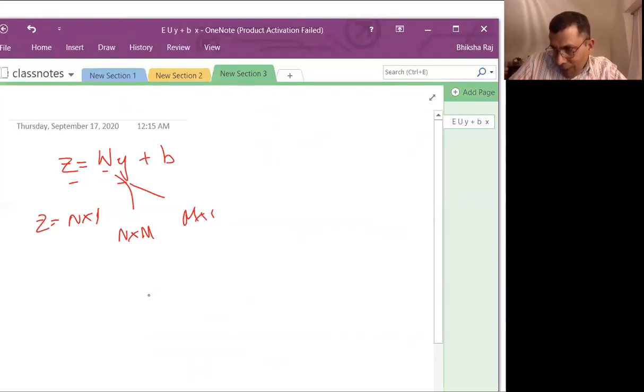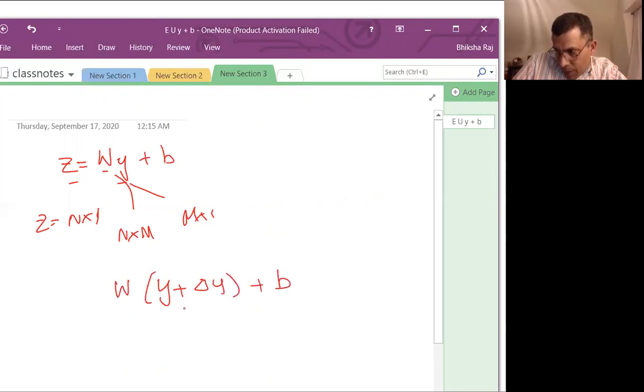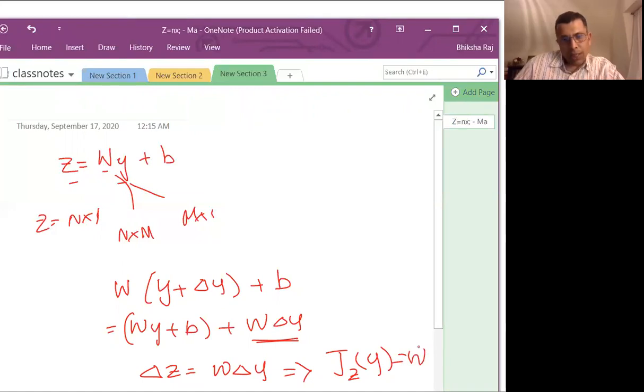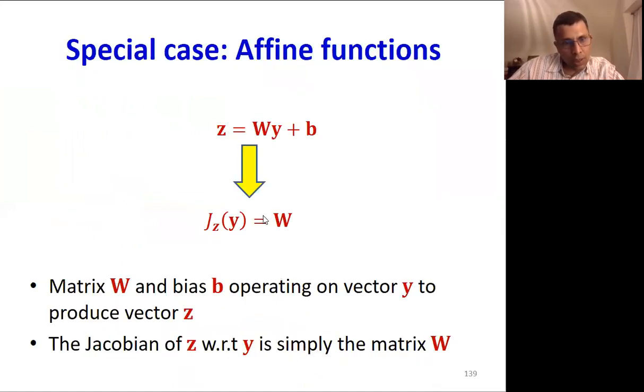Now, if I increment y by delta y, the resulting output is going to be w times y plus delta y plus b, which is going to be wy plus b plus w delta y. So the increment in z is going to be w delta y, which means that the derivative of z with respect to y is simply this W matrix. So the Jacobian of z with respect to y in this kind of a relation is simply going to be this matrix W.